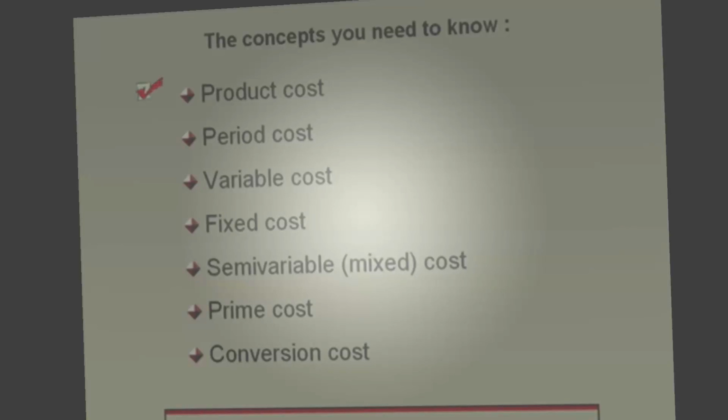And of these, if you remember from the previous module, we covered product cost, period cost, variable cost, fixed cost, semi-variable or mixed cost. We haven't done prime cost or conversion cost yet. We'll do that in this module.